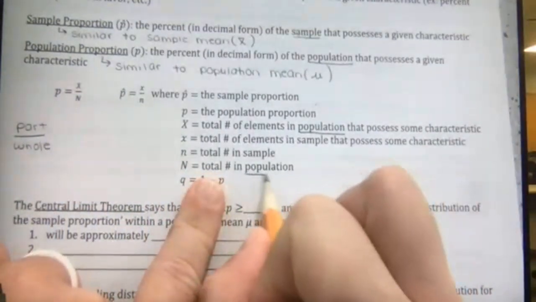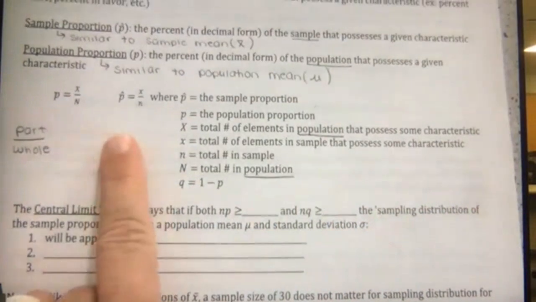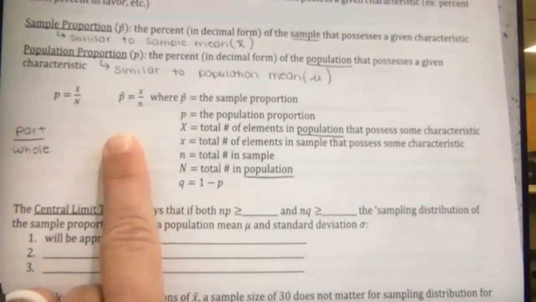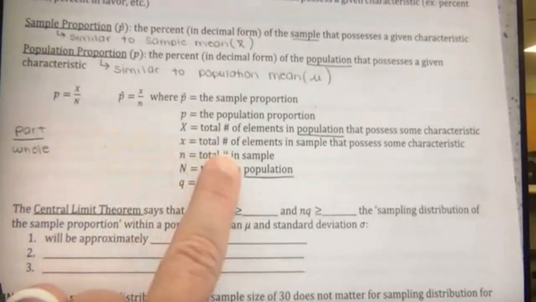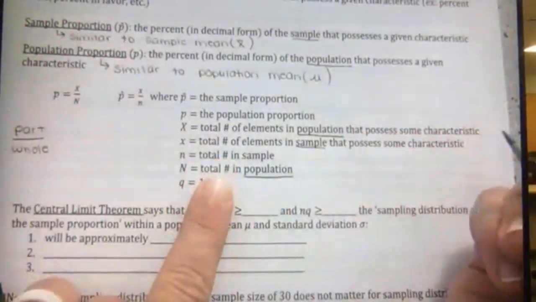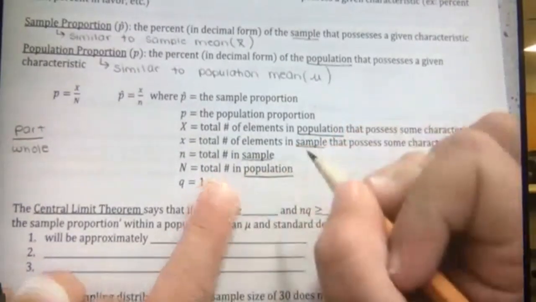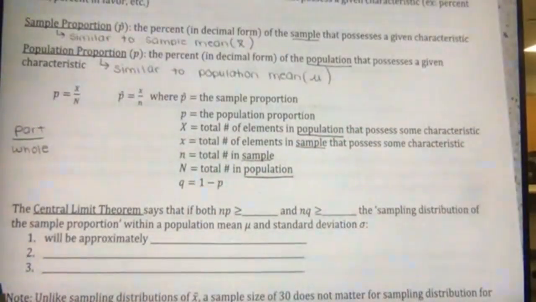So again, capital means population, lowercase means sample. P hat is our sample proportion. Lowercase x is the number of elements in the sample that possess the given characteristic. And lowercase n is the total number in the sample. So it's still part of the whole. So number of elements in the sample out of our sample size, divided by our sample size.